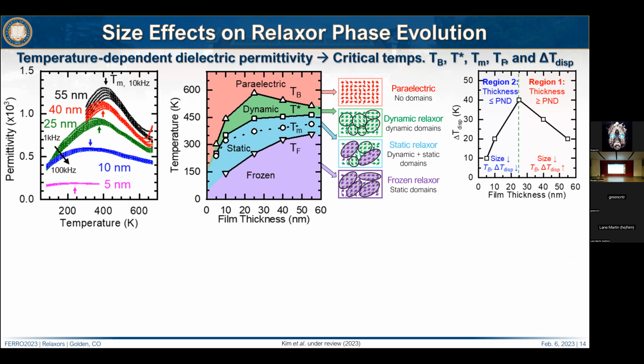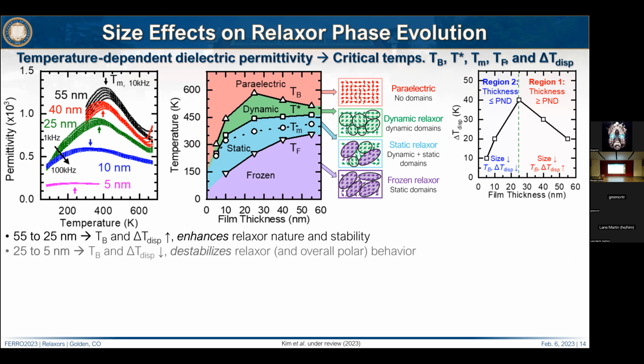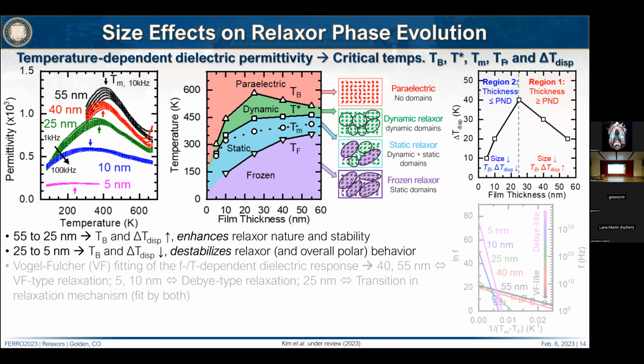So it's showing that there's an interesting increase in the relaxor stability, and then it precipitously falls off the cliff after you go past this thickness. All right, so from 55 to 25, Burns temperature, this dispersion temperature difference changes, it goes up, it enhances the relaxor nature and stability. Below 25 down to 5, everything starts to collapse and we're destabilizing the relaxor order overall.